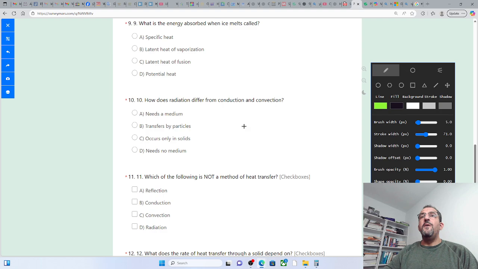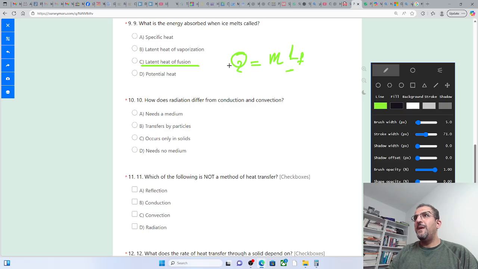For number 9, what is the energy absorbed when ice melts? So what do we call that energy? We call that energy latent heat of fusion. So we have Q equal to the mass of the substance times L fusion.